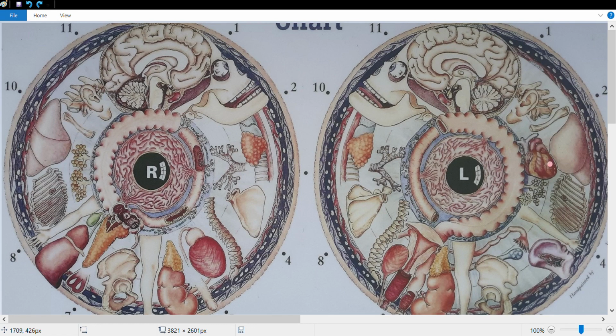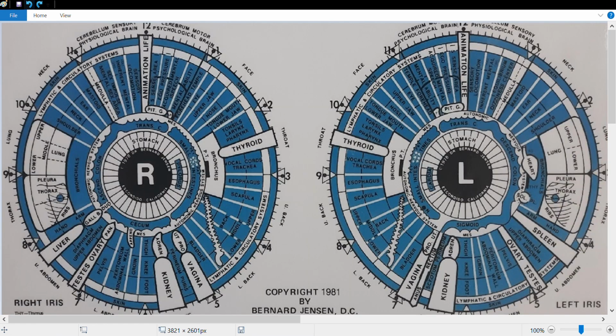And you can keep that in mind as you see that this drawing's face is faced in this direction. So this would be the front of the body. So the thyroid is going to be right in here on both irises. Okay, so thyroid, and then parathyroid is found deeper into the iris, closer to the stomach and bowels area, closer to the pupil.